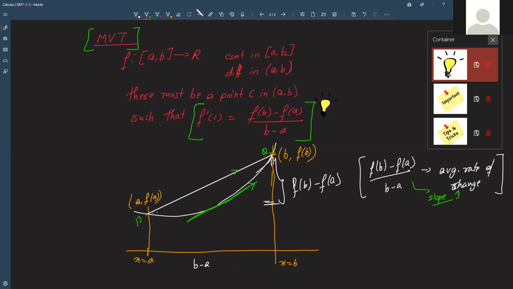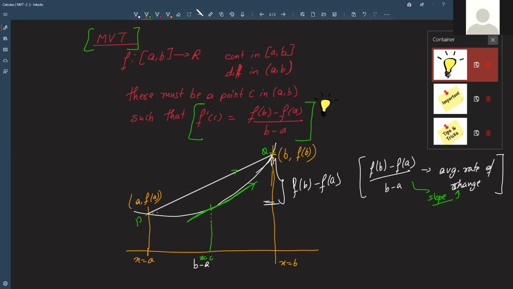but this slope gives us the average rate of change. In the same way, we'll have to find this point C, which will be somewhere between x equals a and b, but it may not be exactly midway.